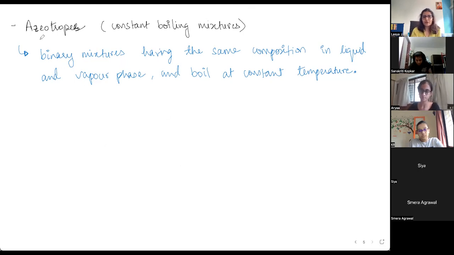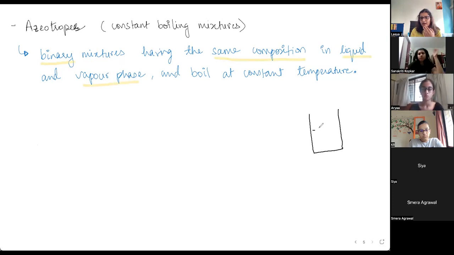Okay. So azeotrope mixtures are binary mixtures. Binary means you have a mixture of two things having the same composition in liquid state and vapor state. Say you have a solution with component A plus component B. It will have a composition, like let's say component A is 0.4 mole fraction and component B is 0.6.